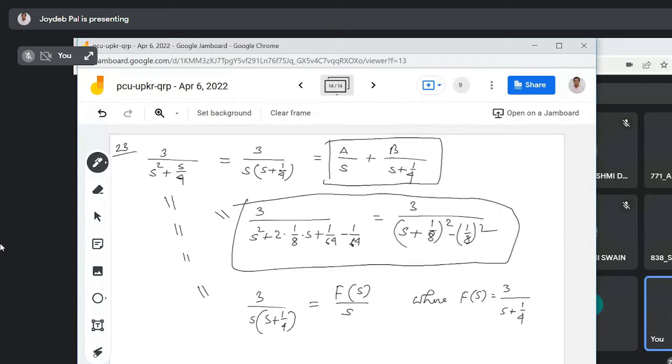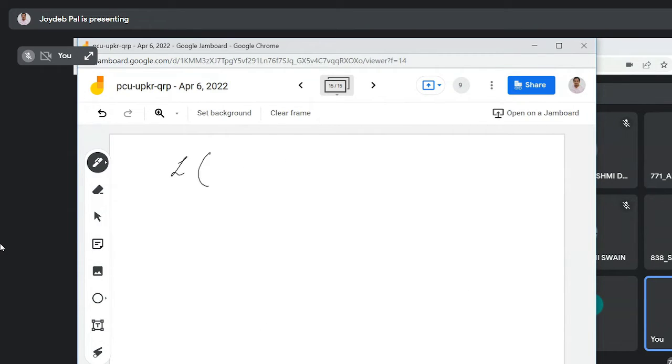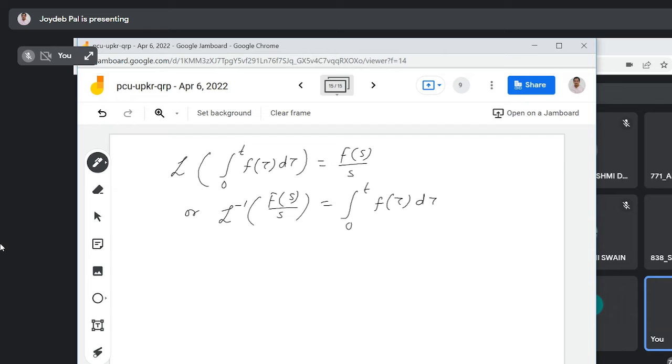What I am doing now is based on the new formula given in that section. What is the formula here? That integration formula: Laplace transform of the integral from 0 to t of f(tau) d tau is equal to F(s) by s. Or in terms of Laplace inverse, Laplace inverse of F(s) by s is equal to the integral from 0 to t of f(tau) d tau.